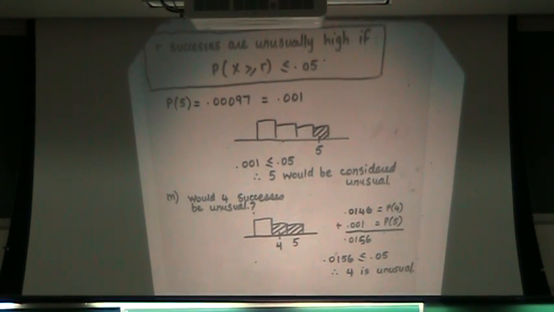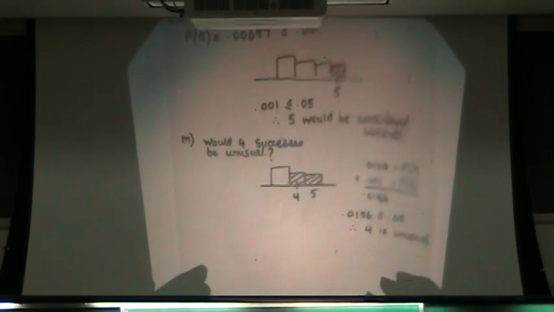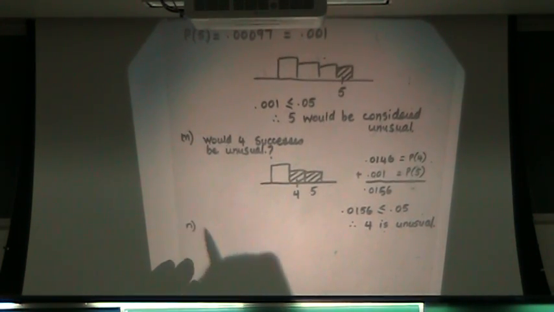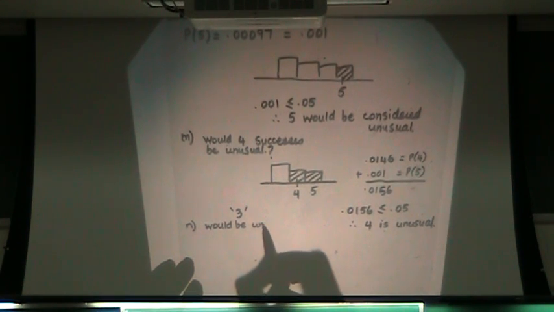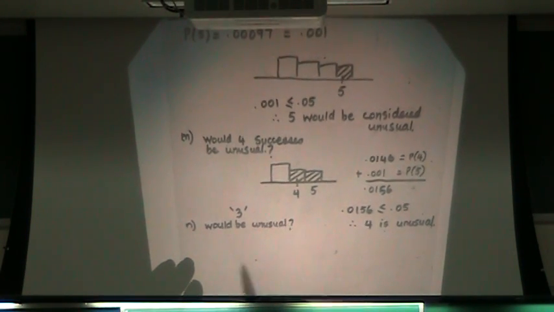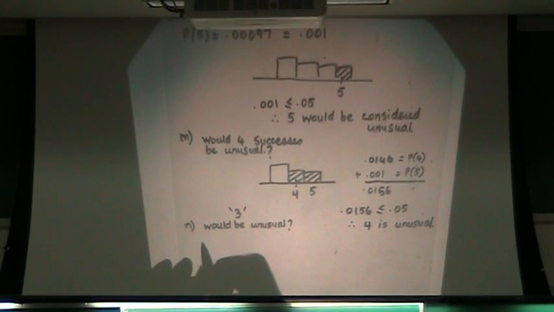How about 3? Would 3 be unusual? Let's see. Part N. I'm making up these, of course. Would 3 be unusual? So I'm going to take probability of 3.